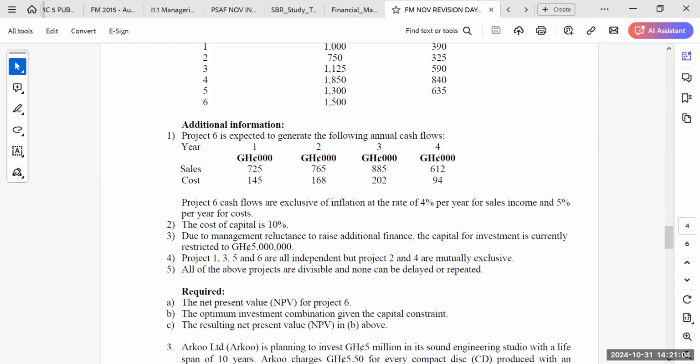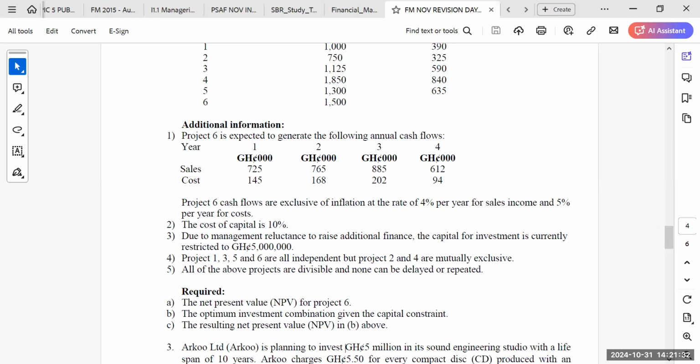So what they are trying to say is that these particular prices are estimated in current terms. But if they are just giving you this amount, then it means that they are in nominal value. So we have taken into consideration the impact of inflation. But these values are in current terms. So that's how you go about it.